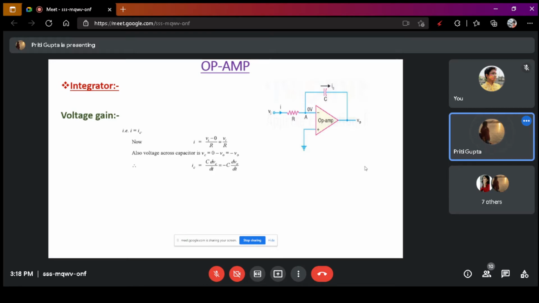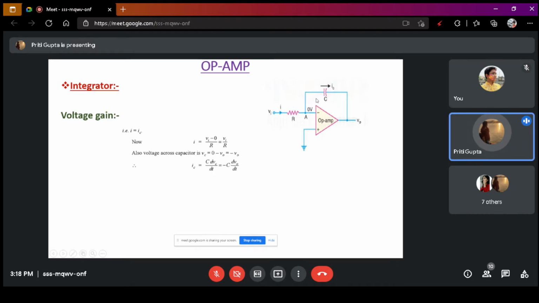Now see, this I is equal to this IC. So what is the value of this current? Vi minus VA, which is 0. So Vi minus 0 divided by R, so Vi divided by R. And what is the value of IC? That will be 0 minus V0, that is the VC actually.